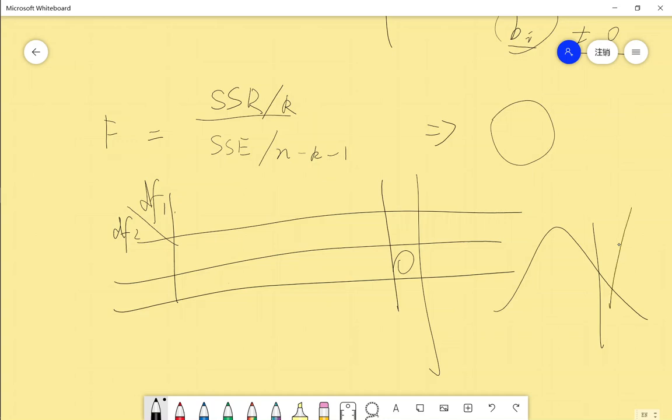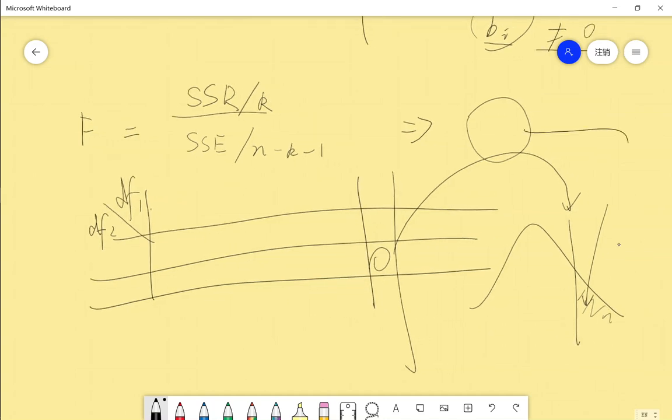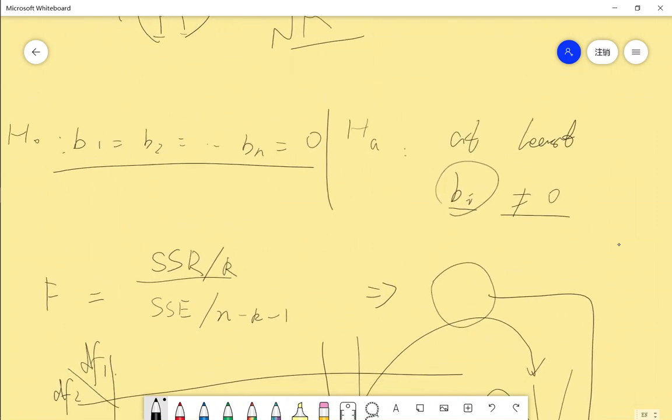Remember, this is a right-tail test, so you know the critical point. If the F statistic you calculated falls in the rejection region, then you reject the null hypothesis and accept the alternative hypothesis, right? So that's pretty much all the workflow you need to understand, okay?